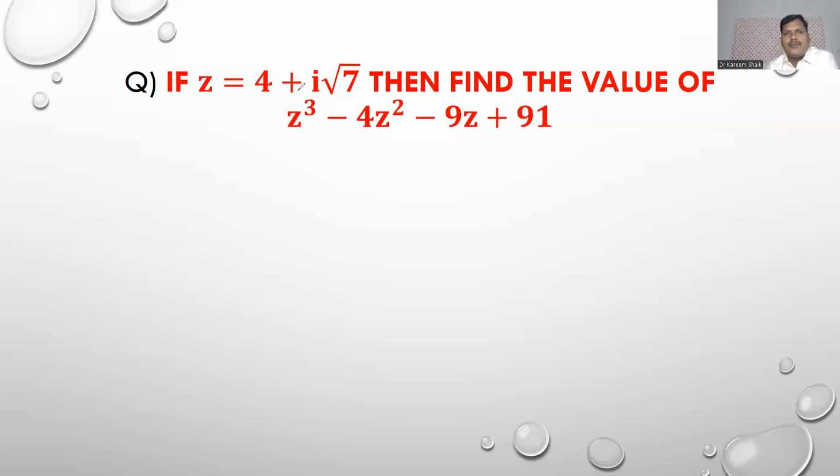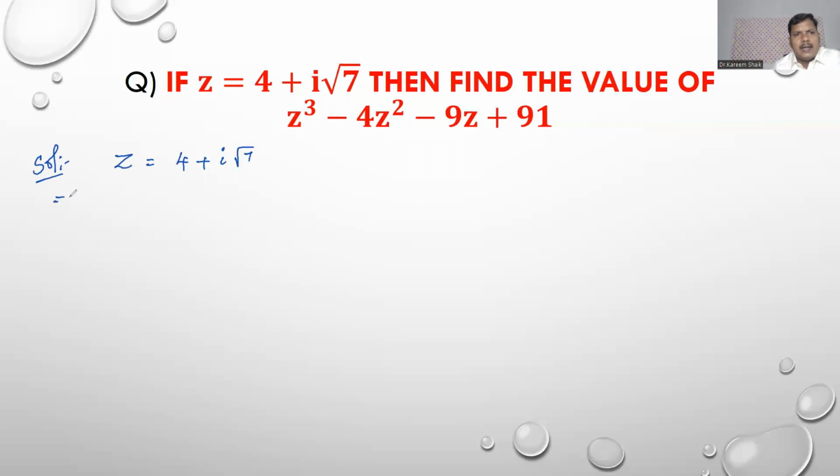If z equals 4 plus iota times square root 7, then find the value of z cube minus 4z square minus 9z plus 91. Let's see. Observe here, z equals 4 plus iota times square root 7.